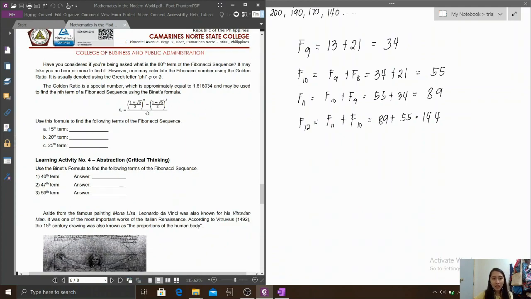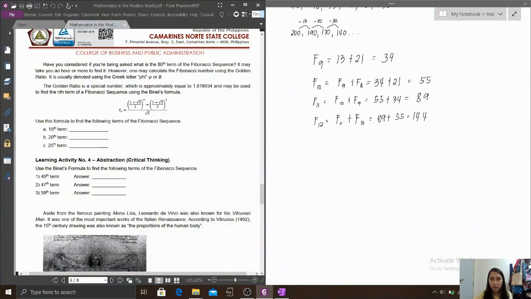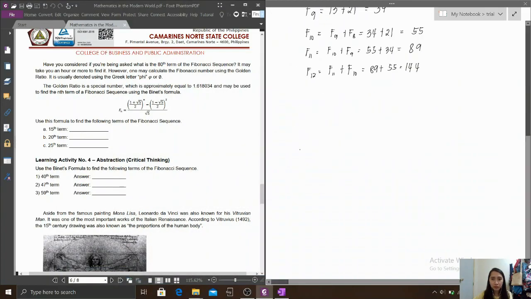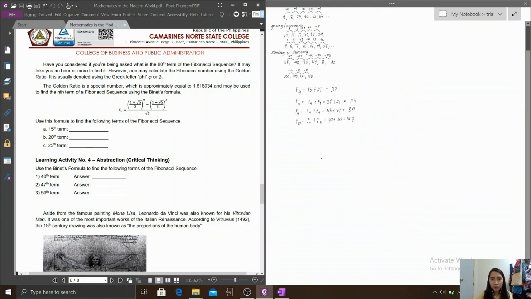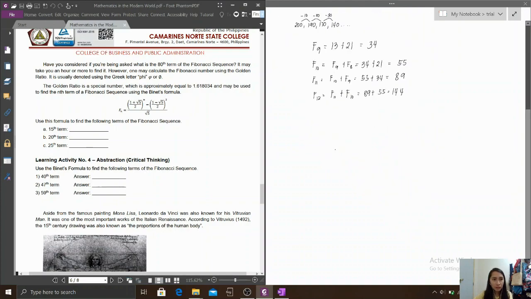So, let us have the example problem. We are asked to find the 15th term. So, we will simply use Binet's formula.